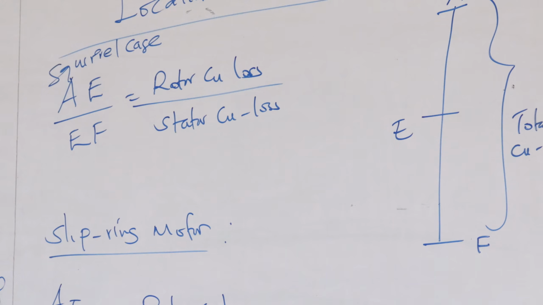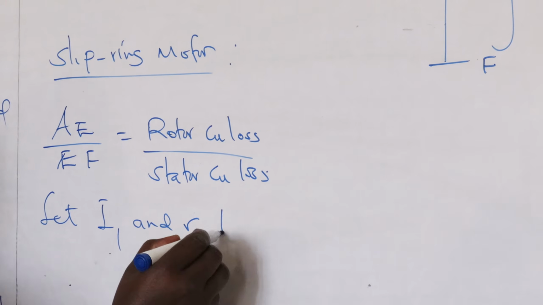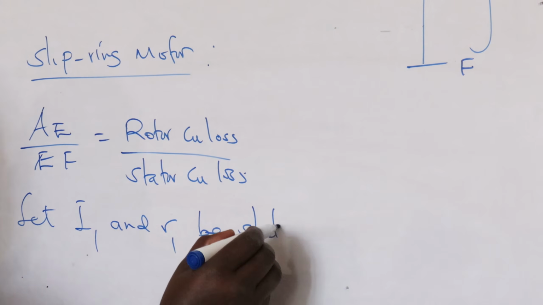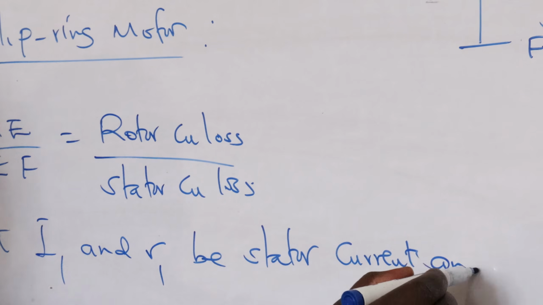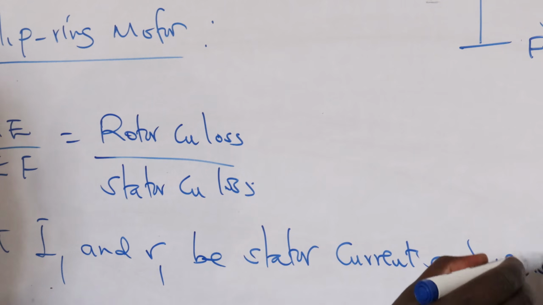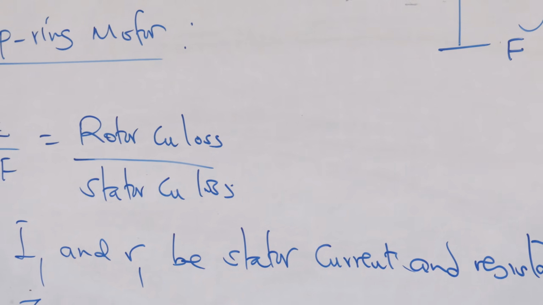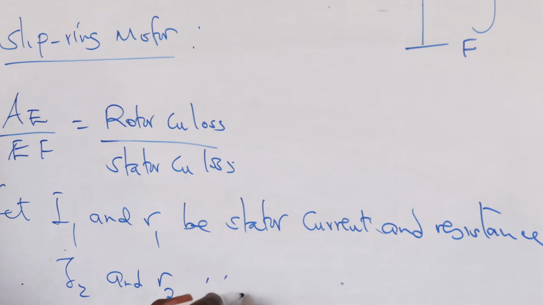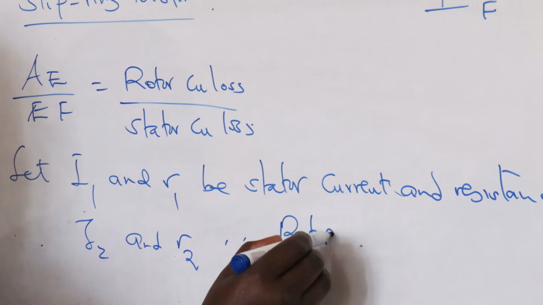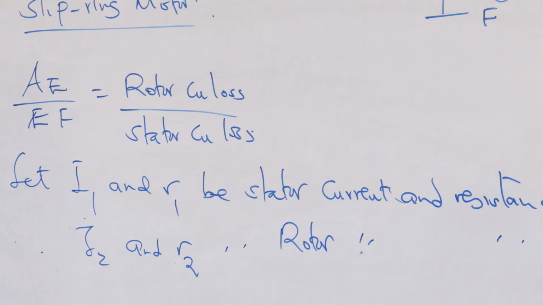Now let I1 and R1 be the stator current and resistance respectively, so that I2 and R2 be the rotor current and resistance. Now how do you get a copper loss?